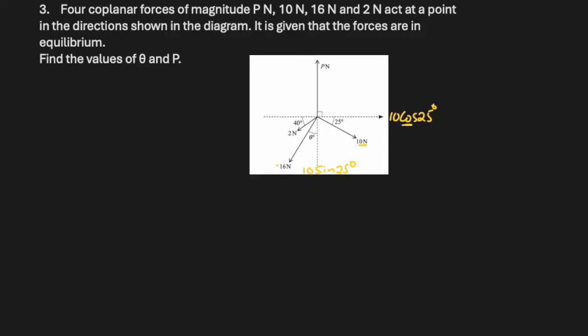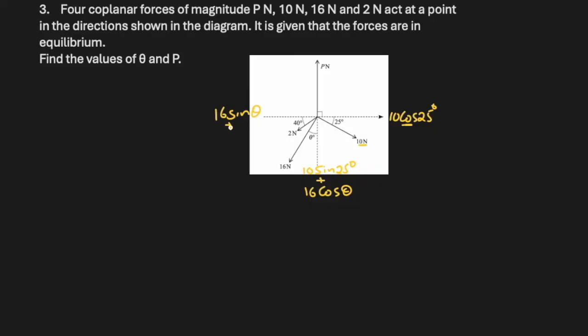Let's talk about this 16 Newton. It is making theta with this vertical axis, so it will be the cos component. So we will have another force here which is 16 cos theta. And obviously there will be 16 sin theta in this direction. Now 2 Newton is making 40 degrees here, so this is the one which will be the cos component.